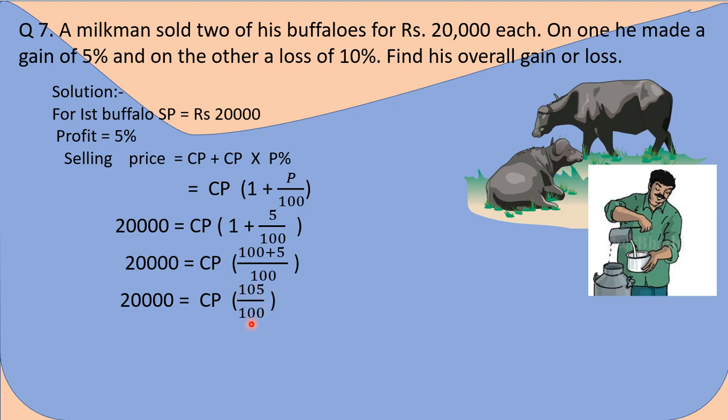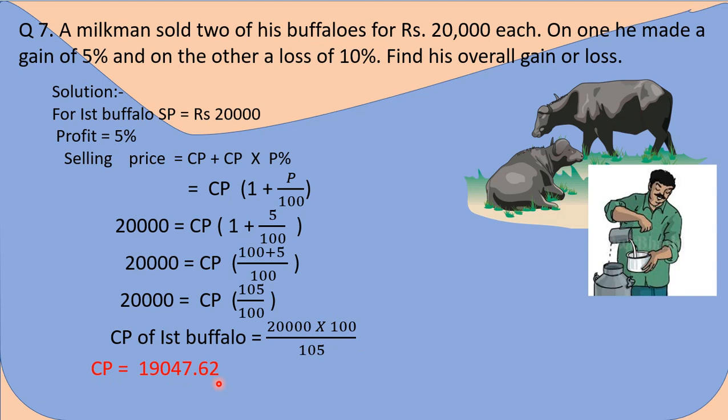Now 105 upon 100 will transpose to the left hand side, so we get cost price of the first buffalo is 20,000 into 100 upon 105. Now after solving this, we get cost price is 19,047.62.